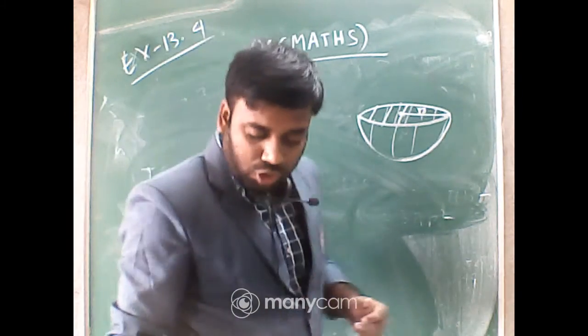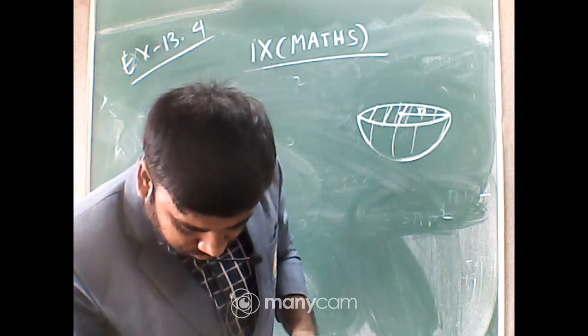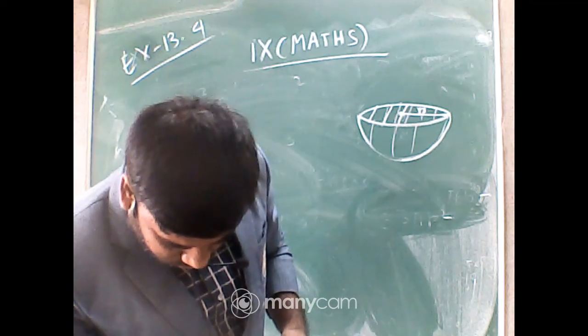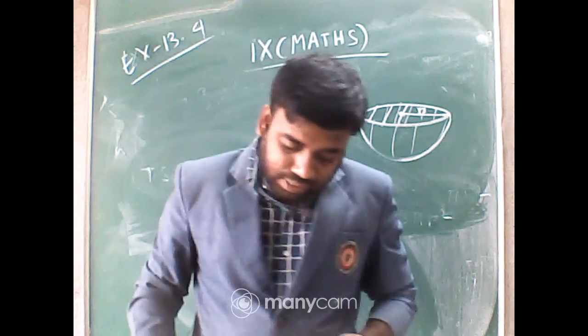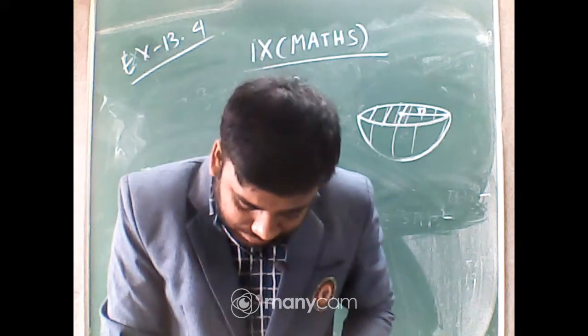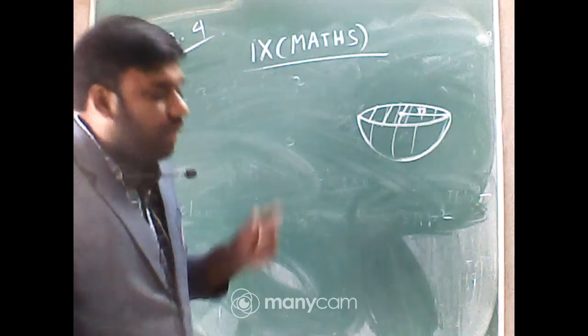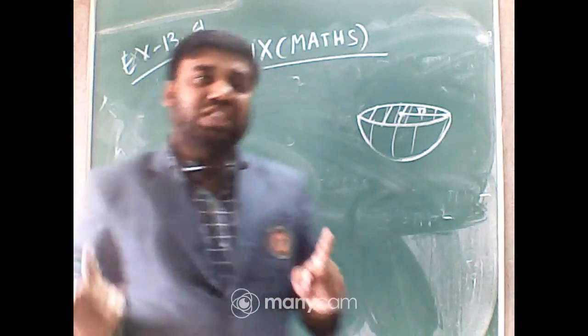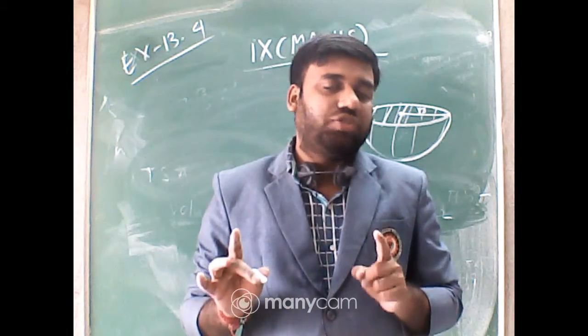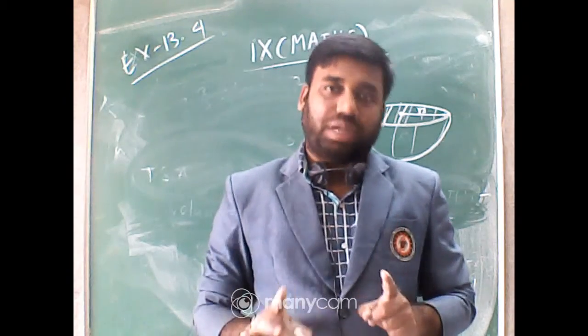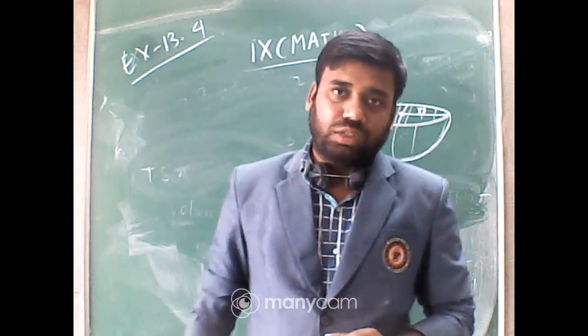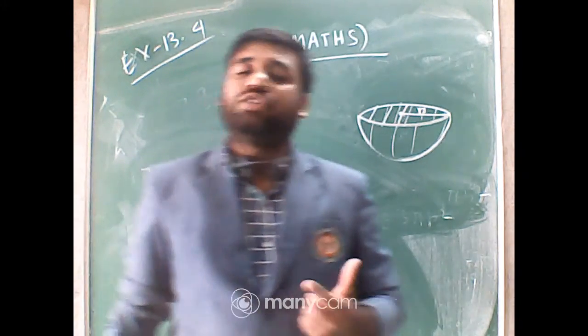So 13.4. First, find the surface area of the sphere when radius equal to 10.5 centimeter. In question number 1, there are three parts. I will solve only one part, and the remaining two you will solve at home.